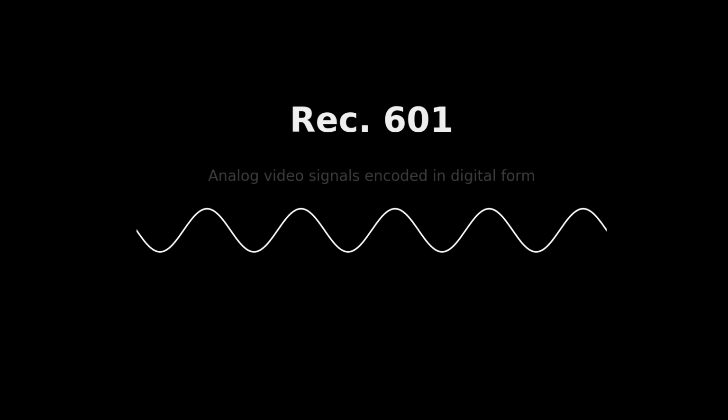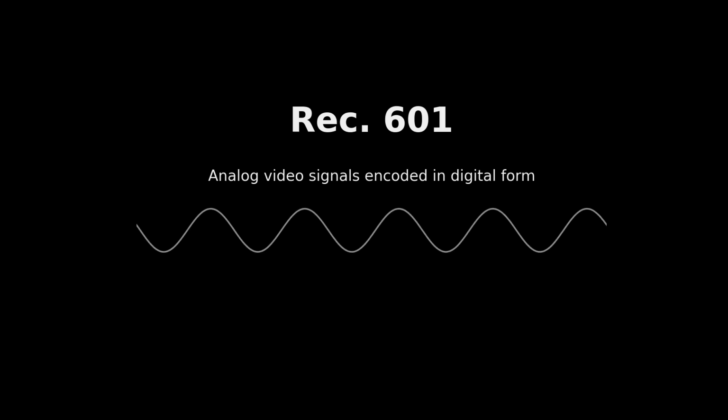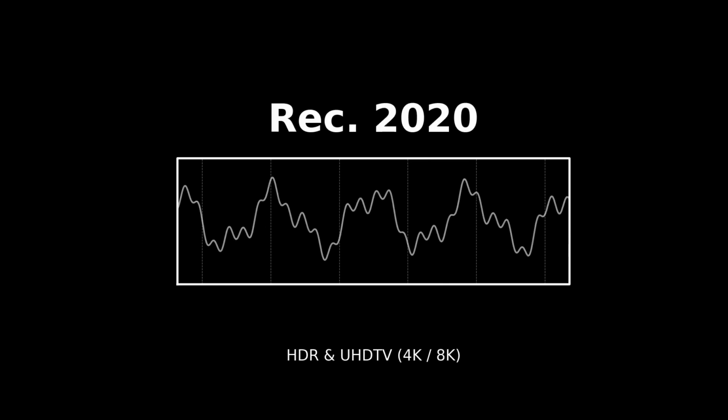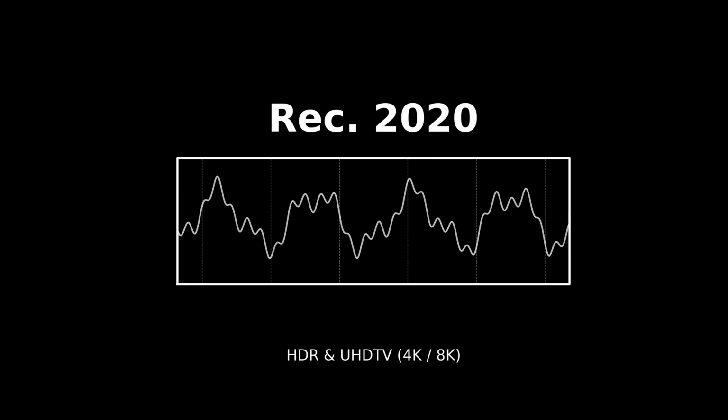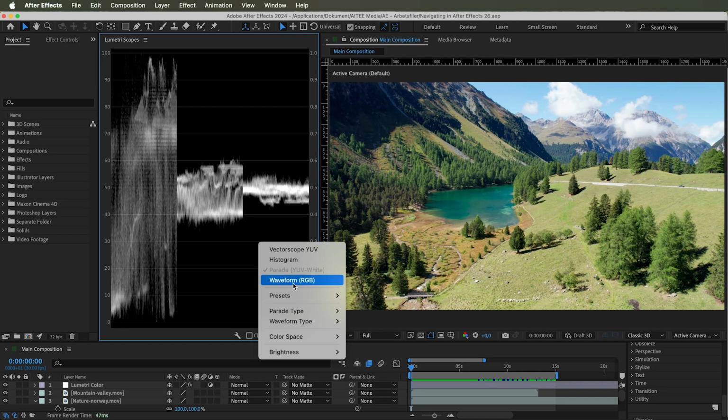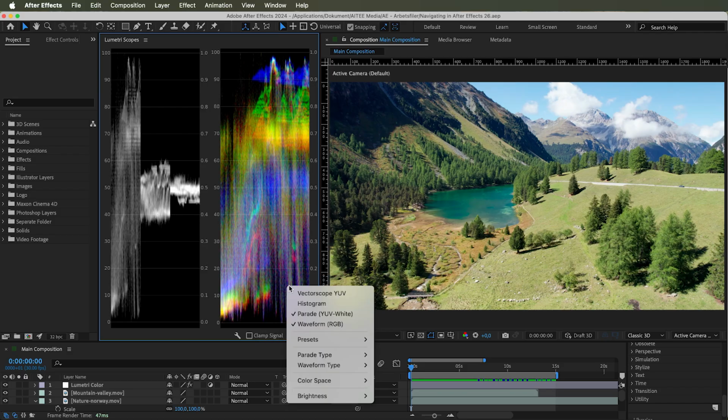You might want to use the Rec 601 for encoding analog video signals in digital video form, while the 709 is for HD TV as normal workflows, and 2020 is for HDR and UHD TV for the 4 and 8K.